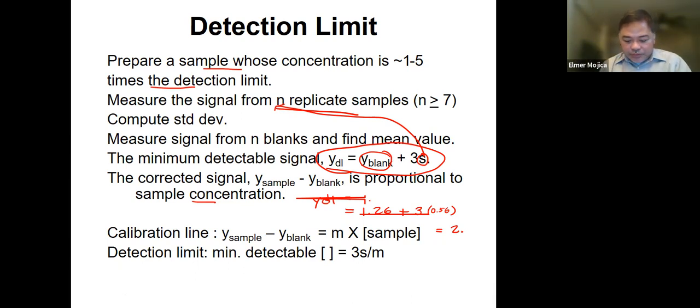So if you have 1.26 plus 3 times 0.56, so you got 2.94, right?